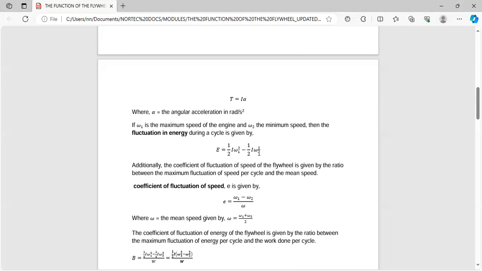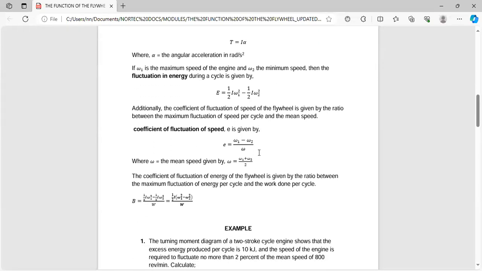This is an important factor, and as we proceed, later on, we'll come back to the same factor because it refers to the ratio between the change in speed and the average speed or the mean speed of your flywheel. The mean speed, as the term may tell us, is just the average between the maximum and the minimum speed. So you add the two speeds, divide by 2. Then it gives you that mean speed.